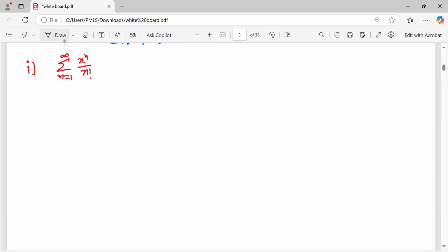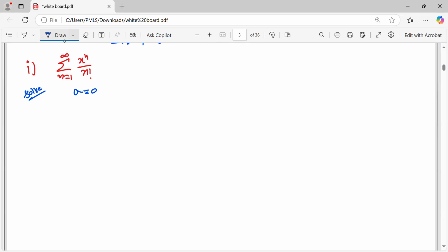Let's see how we find the radius of convergence and interval of convergence. First of all, what is the center of this series? The center a is equal to 0. This power series is centered about 0.